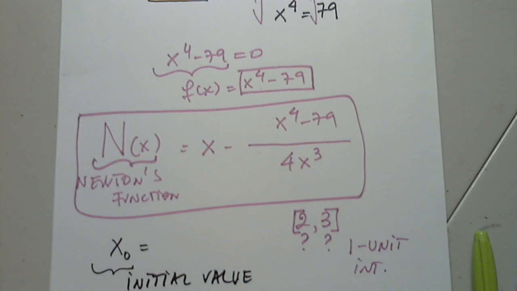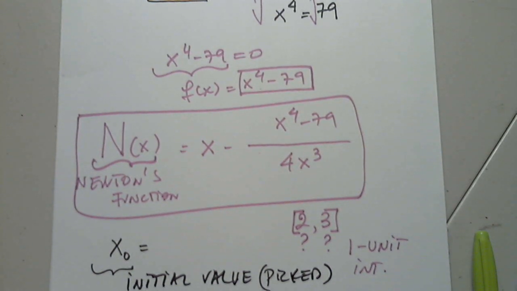However, you can also consider it the first iteration. But it's not calculated. It's picked. I pick the initial value. So that's why I don't really like to call it the first iteration. The book considers the first iteration. I'm okay with both.